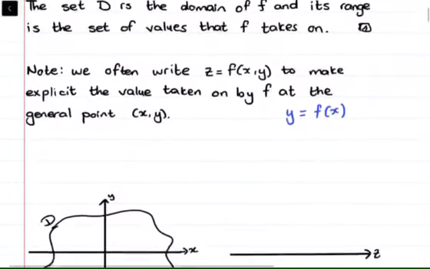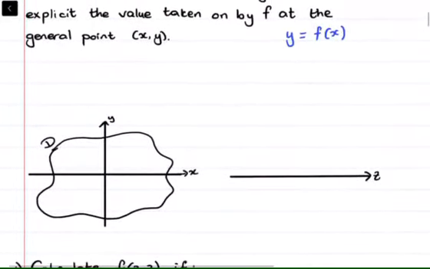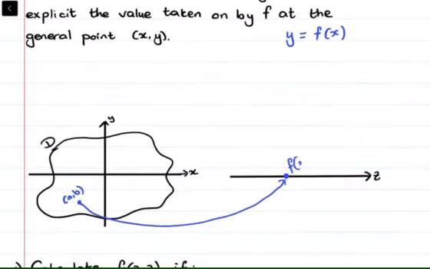Then, graphically, what this definition means is that we have a set D, which is the domain of the function. And we have an ordered pair contained in the set. Let us call this (a, b). Then it maps, because of the rule, to a certain value, and this value is what we call f of (a, b). It is like the y value on the y-axis, but here we do not actually have just the y-axis.